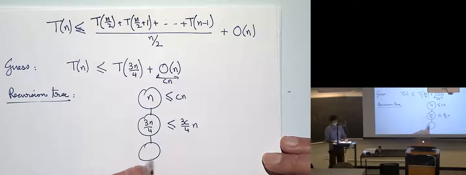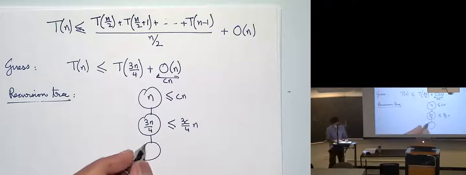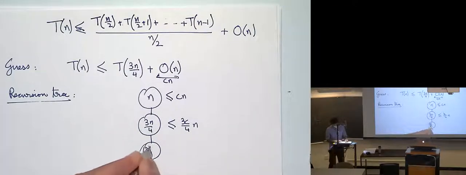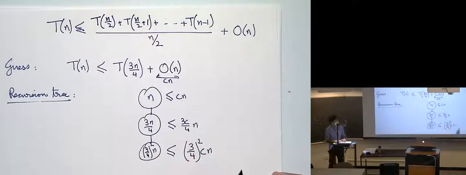What goes in here? 9 over 16. 3 over 4 squared. Right? So it's (3/4)² times n.